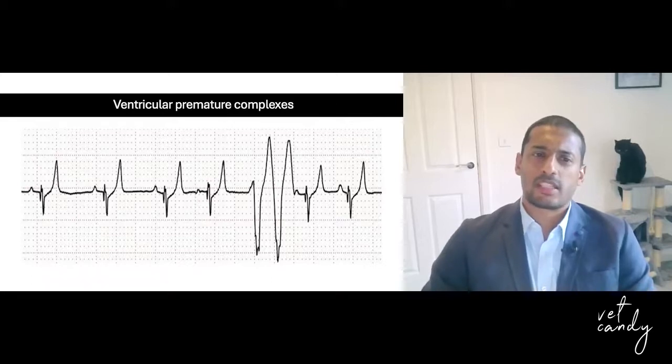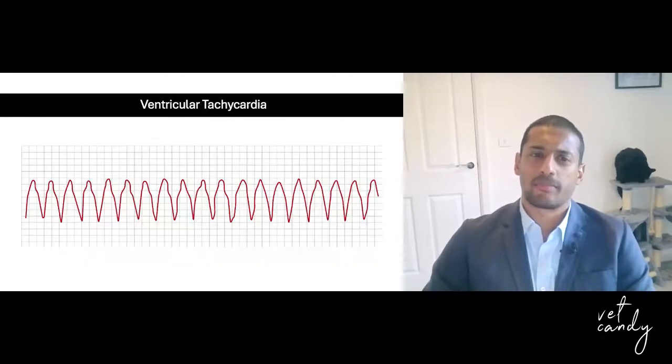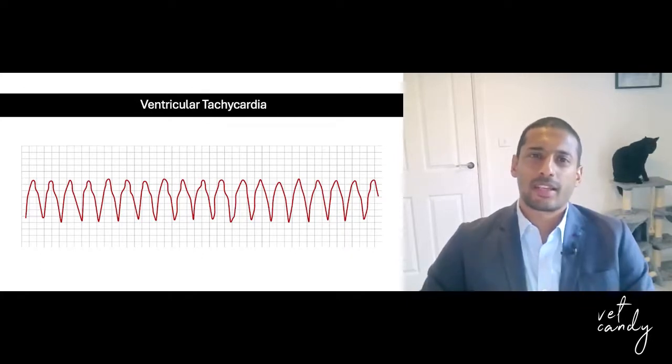Runs of VPCs over a rate of approximately 160 to 180 beats per minute are termed ventricular tachycardia. This can occur in brief paroxysms or as longer, sustained periods. On the ECG, there is a rapid, wide QRS complex rhythm. The longer ventricular tachycardia persists, and the faster the rate is, the more dangerous it is.